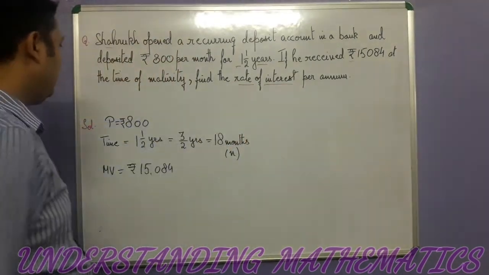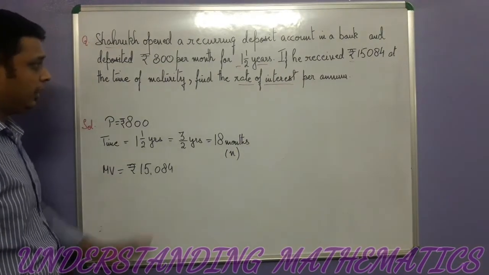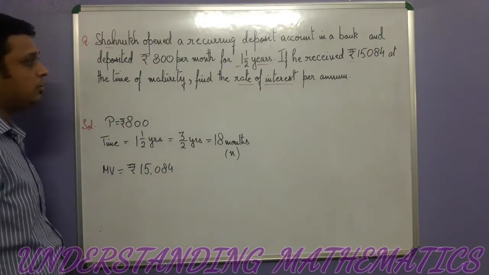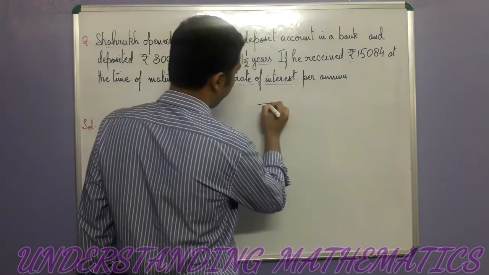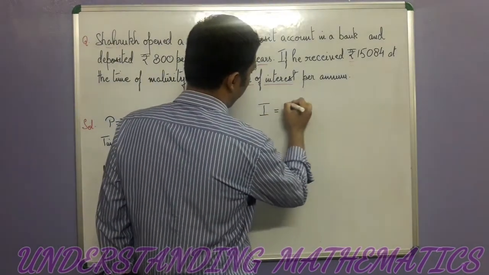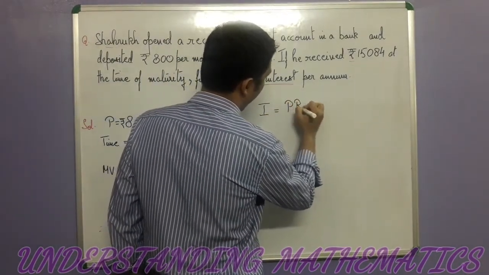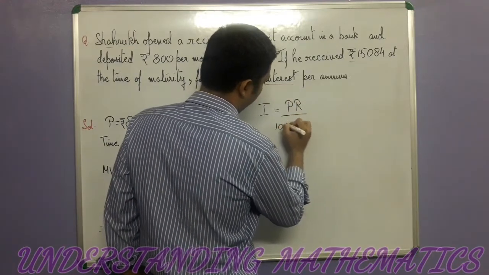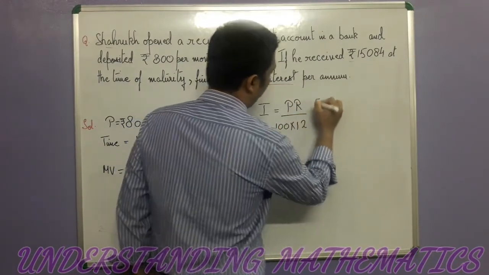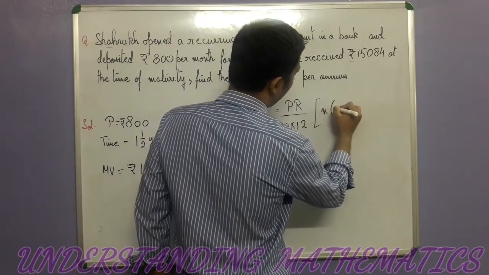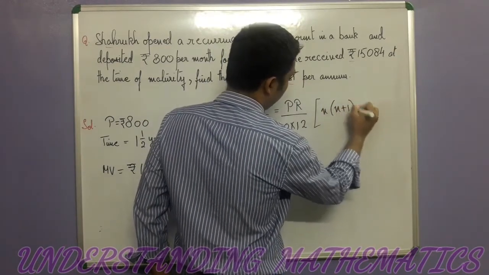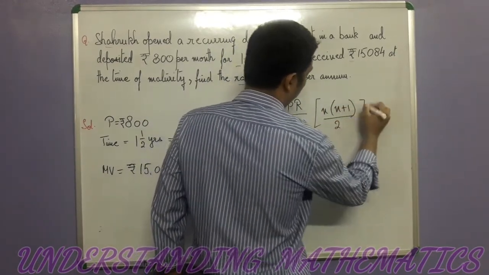We will follow the same pattern as we have used in the previous question. That means we will first find the total interest. You know the formula, P into R divided by 100 into 12, and within brackets n into n plus 1 divided by 2.